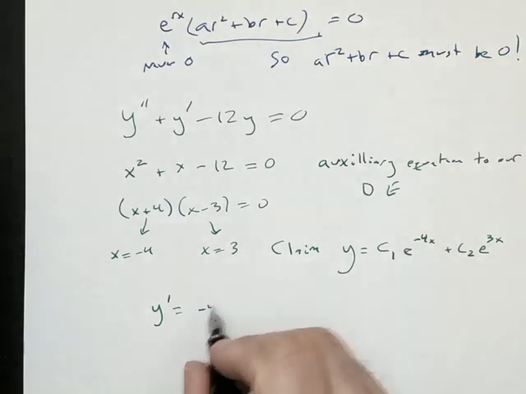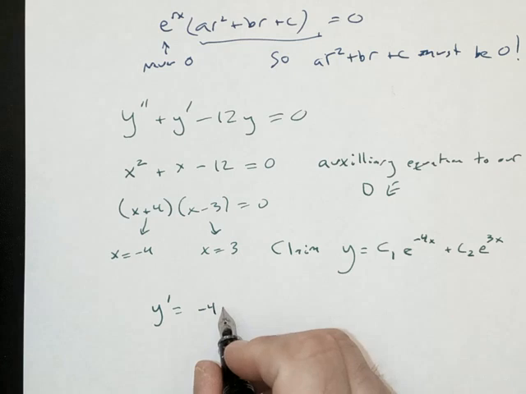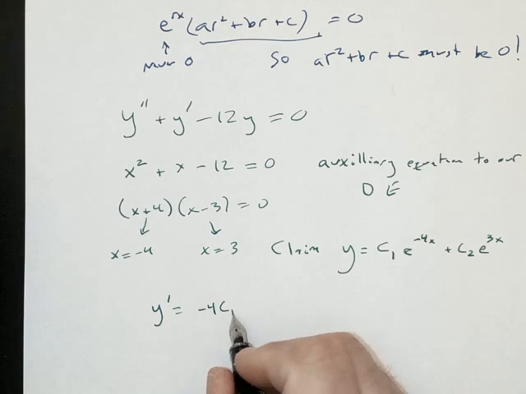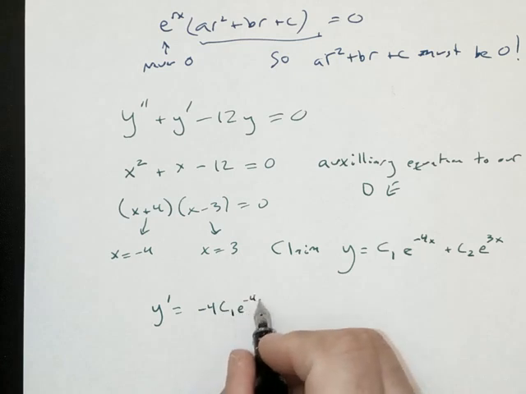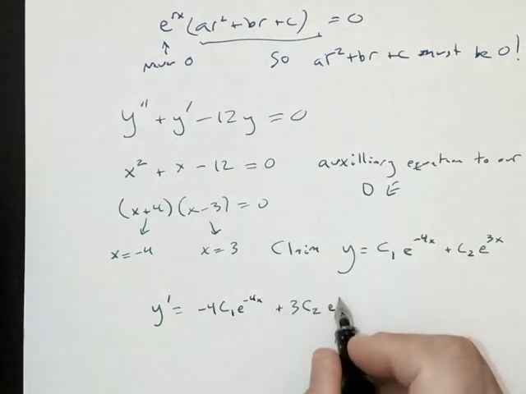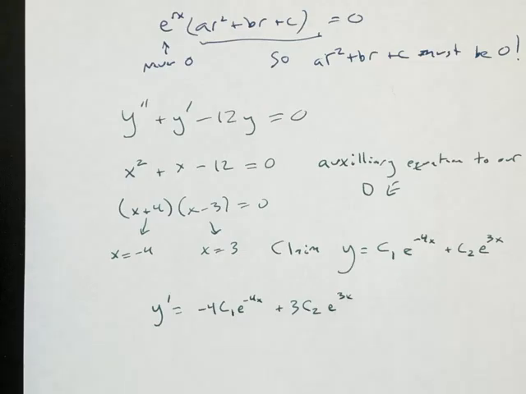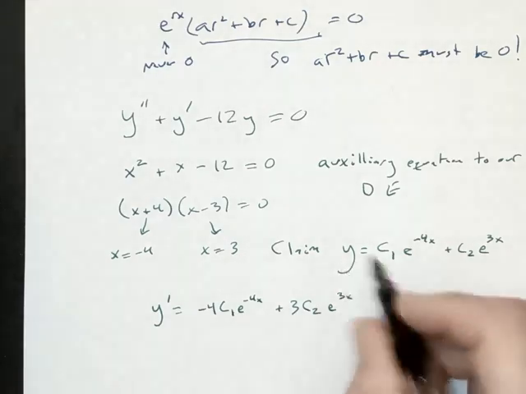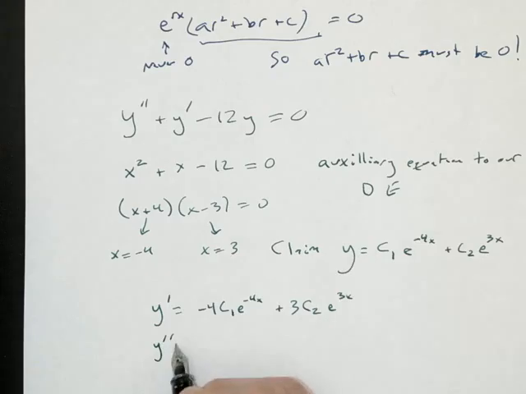Derivative of e to the negative 4x is minus 4. But I also need that constant in there, so there's a C1 still. And here, I get 3 C2 e to the 3x. And when I do it again, because I need y double prime, I multiply again.